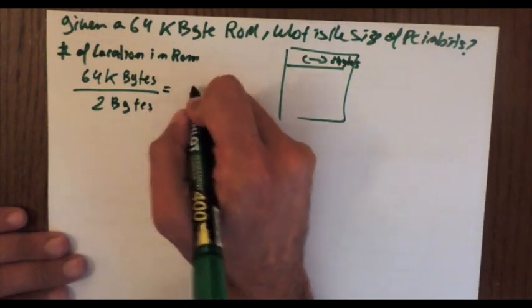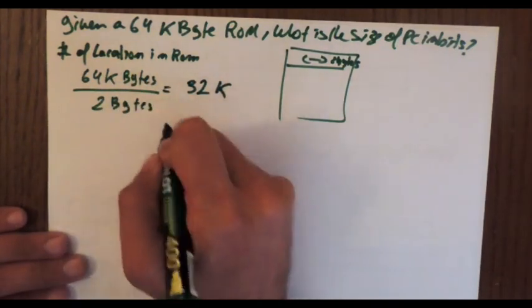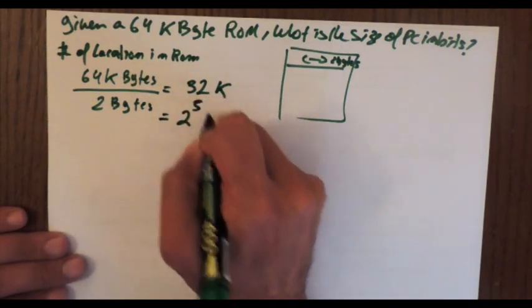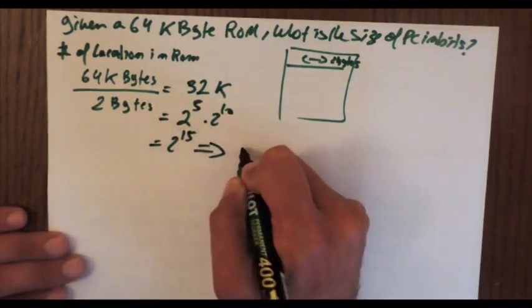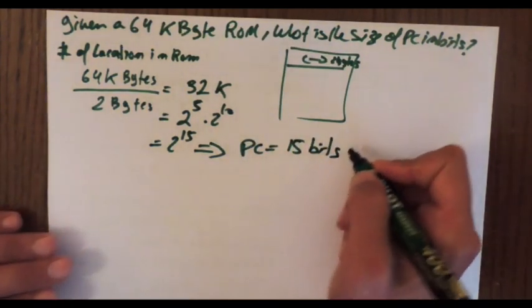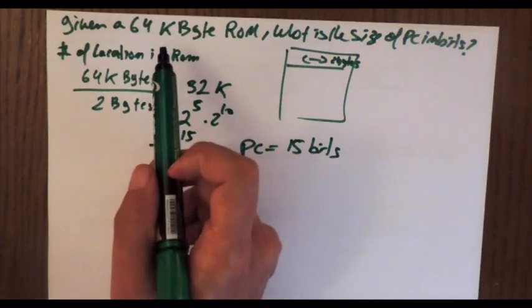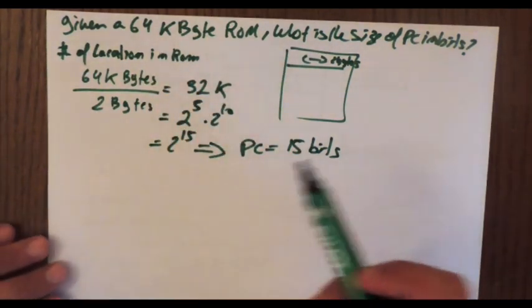This will give 32k, which is equal to 2 power 5 times 2 power 10, equal to 2 power 15, which implies PC is equal to 15 bits. So this is how we can go from having a size of the ROM to getting the PC, and vice versa.